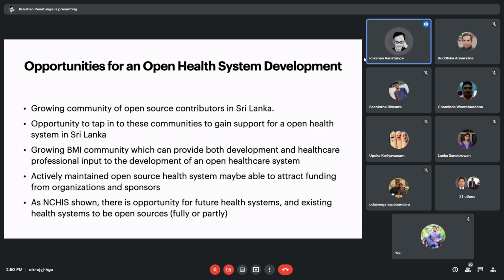There's also a growing BMI community that can provide the medical as well as the technical input to a project, because like I mentioned earlier, some developers only have the technological knowledge but not the medical knowledge. So the BMI community can add the missing knowledge needed for such a system.